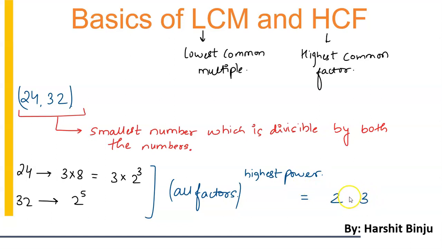We're going to take both of them. The highest power of 2 available is 5, so this is 2 to the power 5. The highest power of 3 is 1, which comes from 24, so this is 3 to the power 1. So this is 32 into 3, and 32 into 3 is 96.